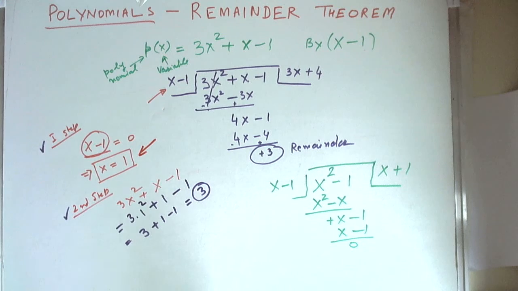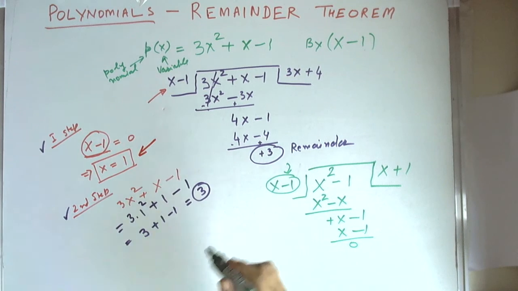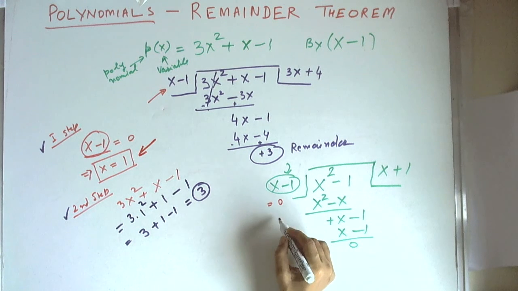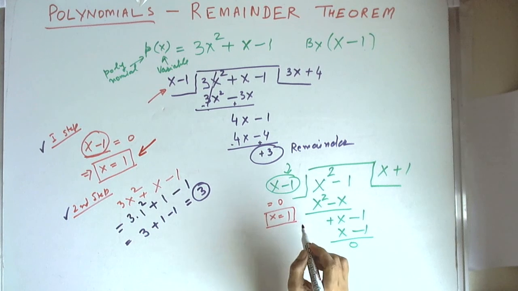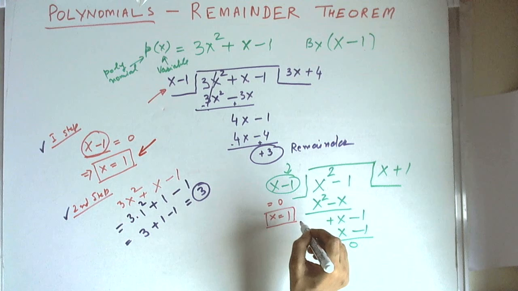Now we apply the remainder theorem. So the first step will be that we will take this value x minus 1 and make it equal to 0, and therefore x is equal to 1. So it means first step is from the divisor we find the value of x by equating it to 0.